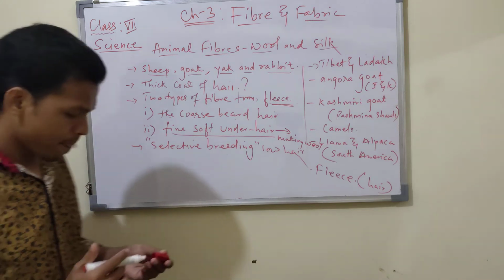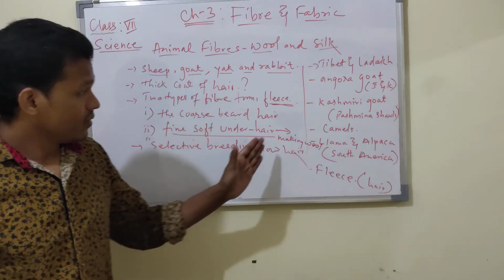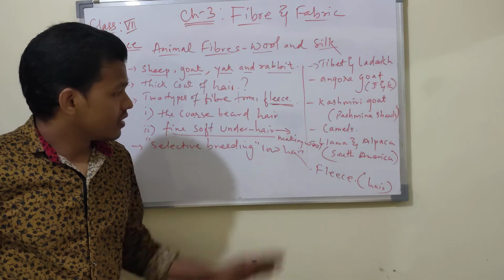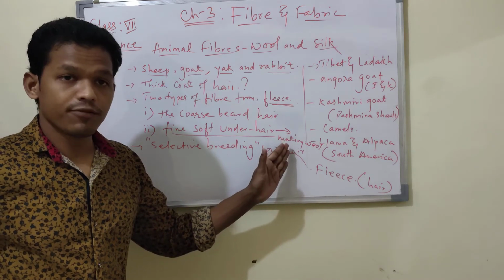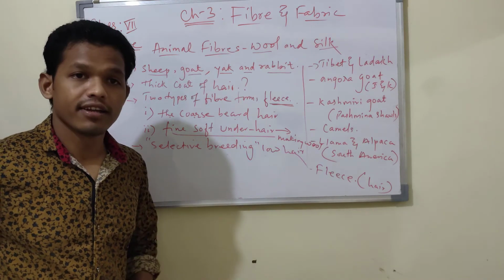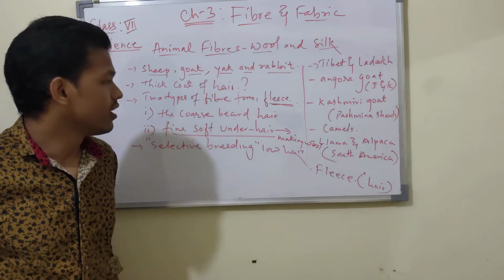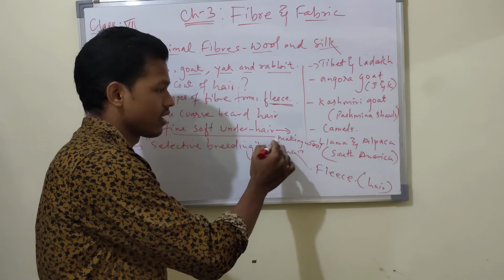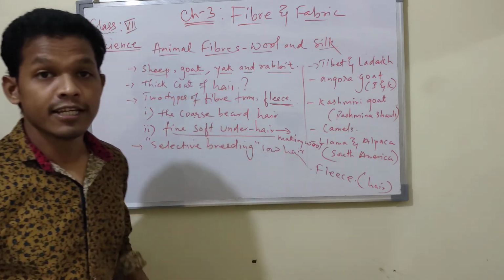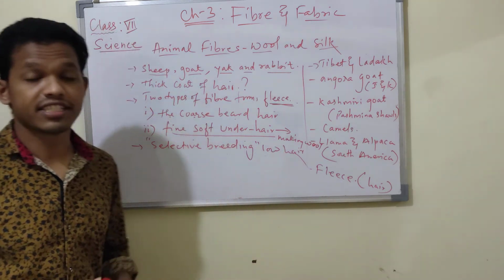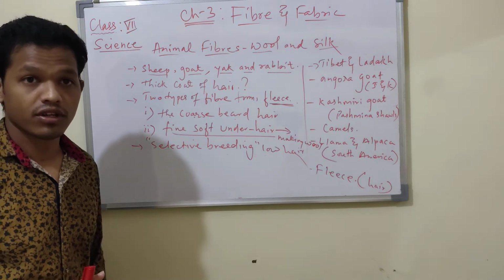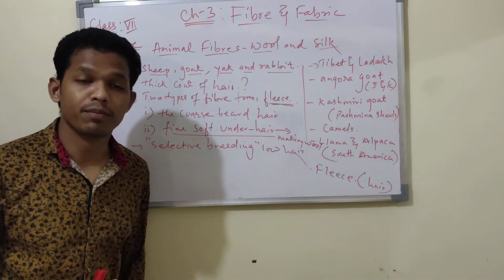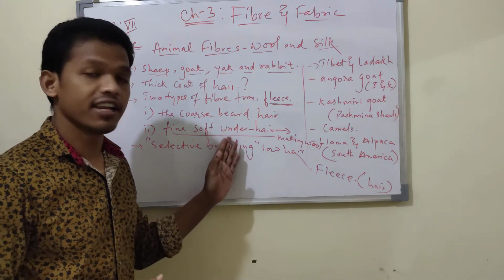So what happens here? Mostly they choose the sheep which has fine under hair. So they choose the sheep which possesses fine under hair. Therefore they select their parents especially to give birth to a sheep with fine under hair.